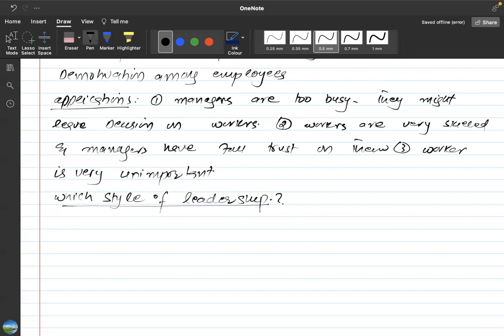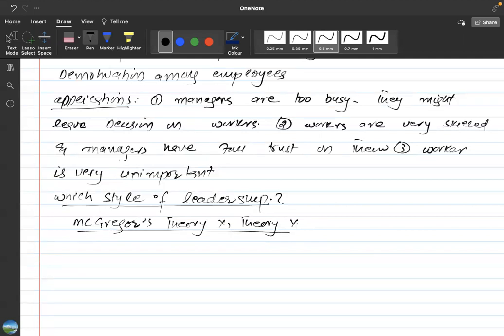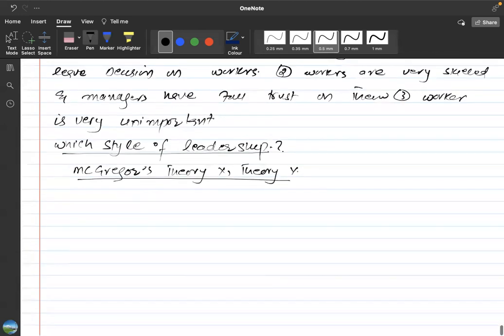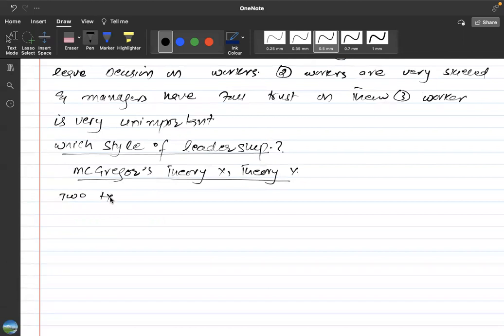That theory is called Theory X, Theory Y. For McGregor, there are two types of managers basically. There are X type of managers and there are Y type of managers.